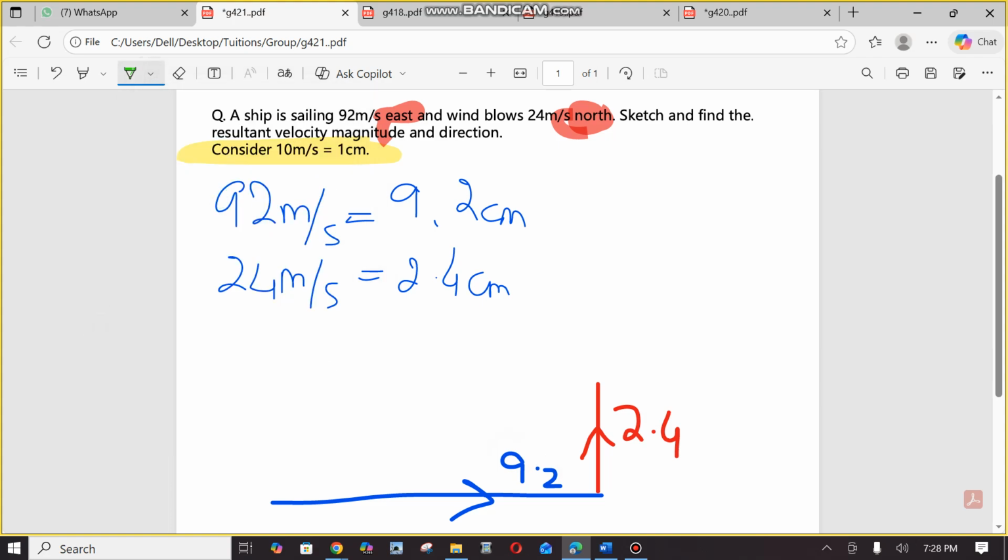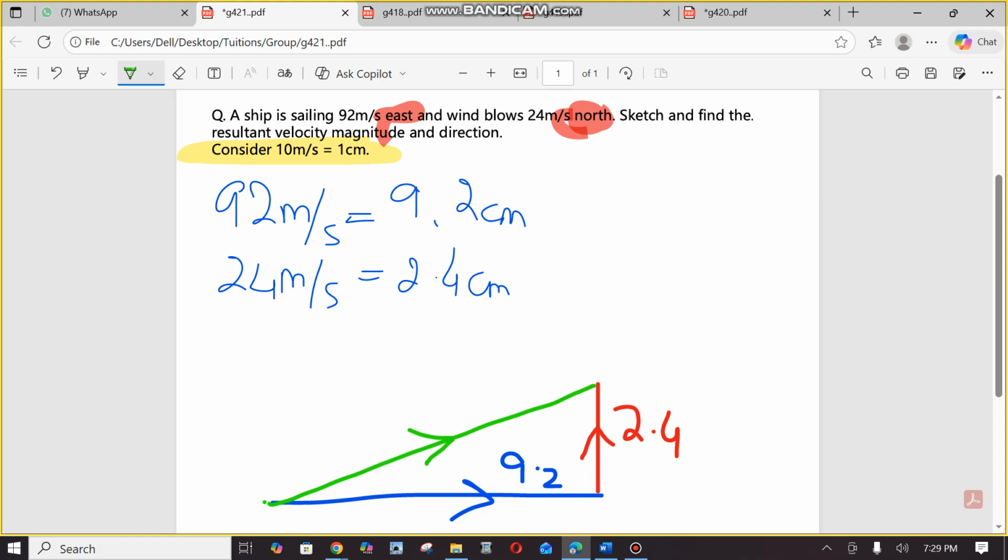This is called tip to tail because you join the tip of the first vector with the tail of the second vector. Then after you have drawn this triangle, you join the first vector's tail to the final vector's tip, and the arrow will be in this direction. The arrows in the vectors must be drawn very carefully, because the answer goes from the tail of the first to the tip of the last.